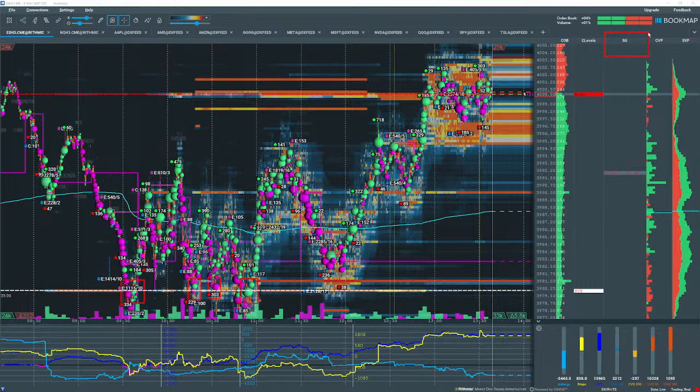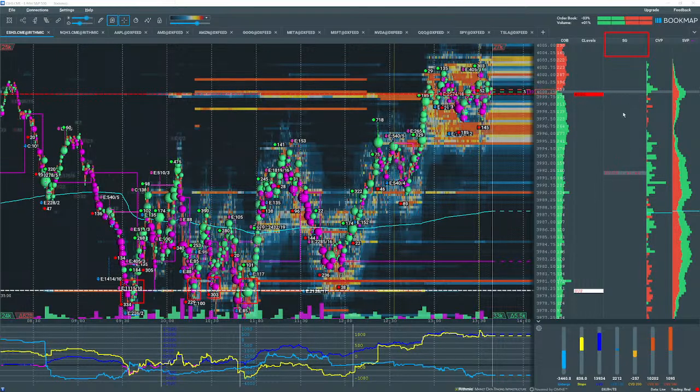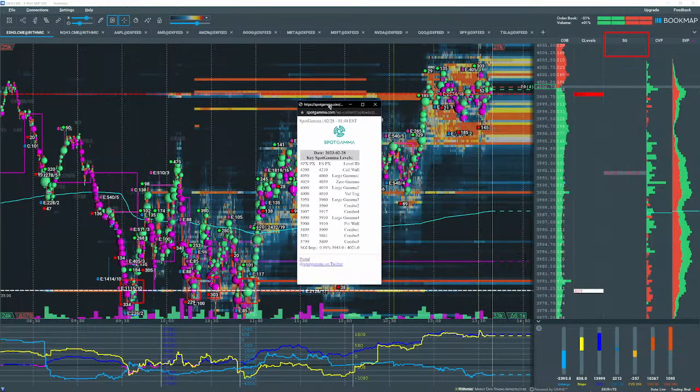And in this current range, there are no Spotgamma levels other than this 39.74, again the support level. The other Spotgamma levels that would be on this chart are the 39.50 and 4,000.